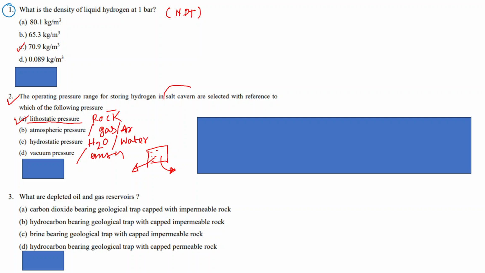Obviously, the pressure will go down. Pressure below atmospheric pressure is called vacuum pressure. You can easily connect all these things if you understand the whole cycle. Is it clear?